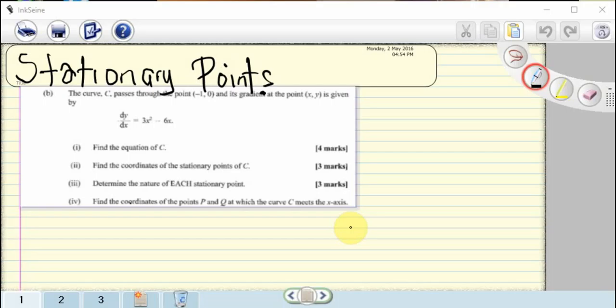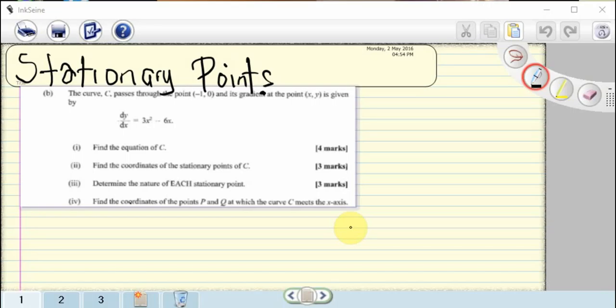Okay guys, so the last time we found the equation of the curve. That's part one of the question. And now we're asked to find the coordinates of the stationary points, right?